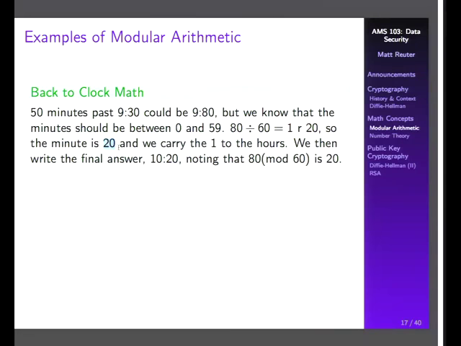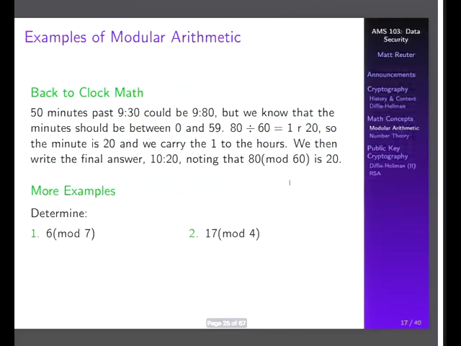Think about it just sort of carrying the 1 over to the hours. And 9 plus 1 was 10. Is 10 a valid digit for the hours? Yes, it's between 1 and 12. And so we write that the time, the final answer then was 10:20, noting again that 80 modulo 60, or 80 mod 60, is just that remainder, equal to 20. Okay, so that's one simple example from clock math.